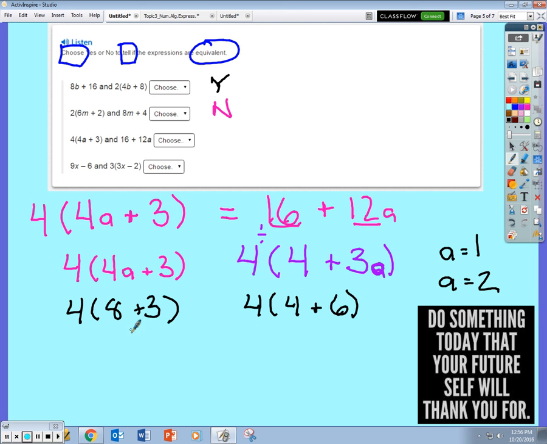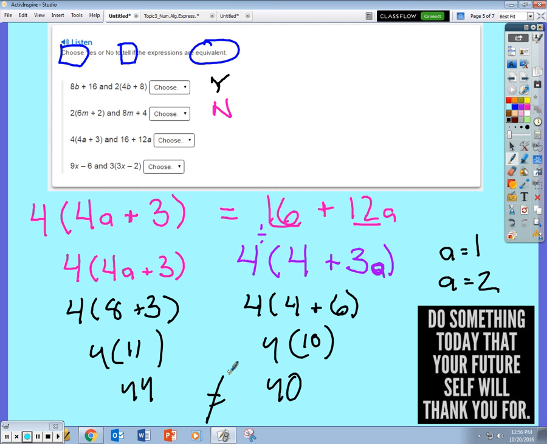Okay. 11. 11 times 4 gives me 44. That's 10. 10 times 4 gives... Oh, those don't equal each other. So if there's ever an instance where they don't equal each other, they're not equivalent. So this is another big no. All right, so I have yes, no, no.